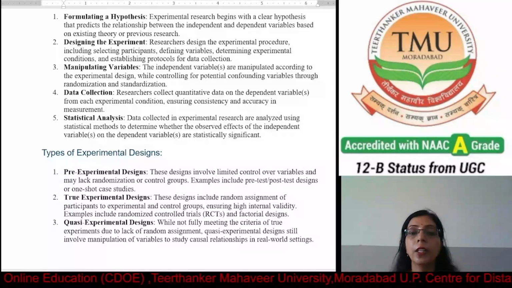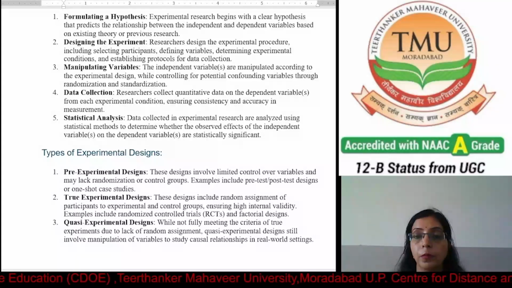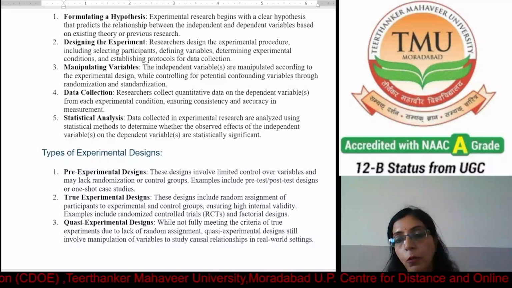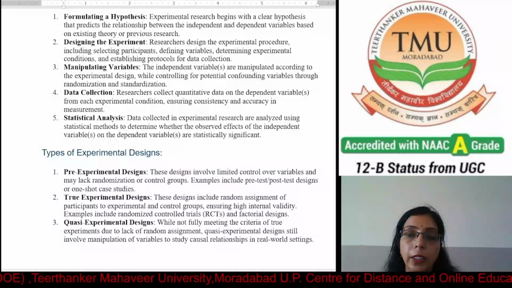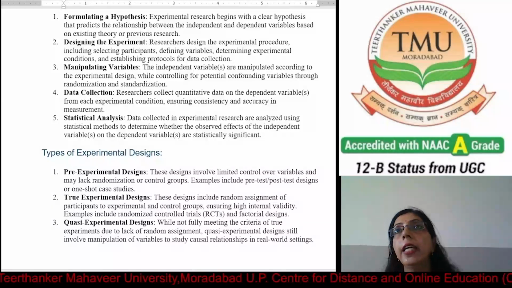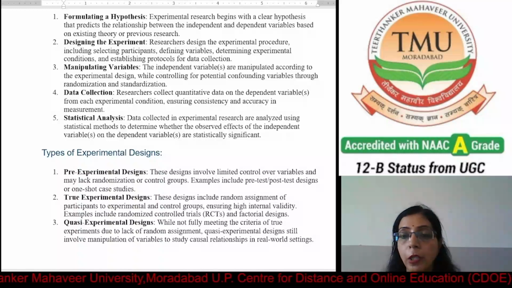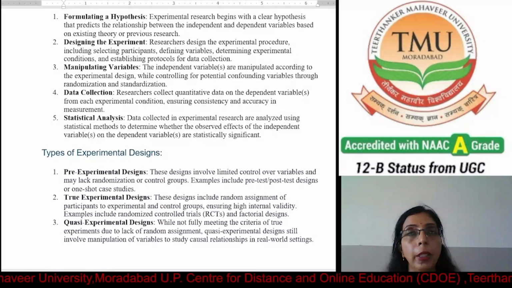After this, the researcher randomly exposes one of the groups to the self-instructional method and the other group to the conventional method of learning or teaching. The group exposed to the self-instructional method is designated as the experimental group because we are conducting the experiment on that group, and the group exposed to the conventional method is termed the control group. The content of teaching and the time of exposure to treatment of both the groups remain similar.